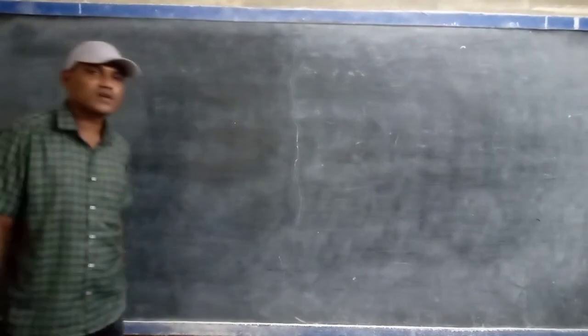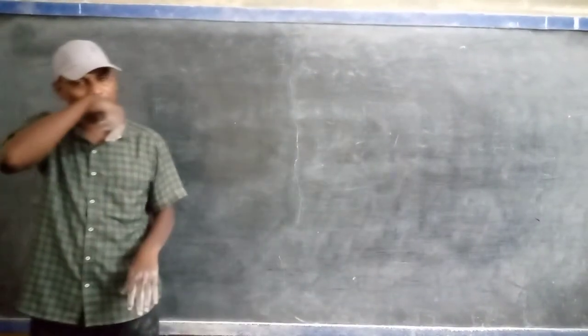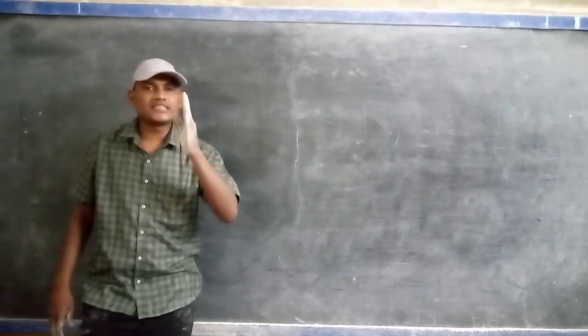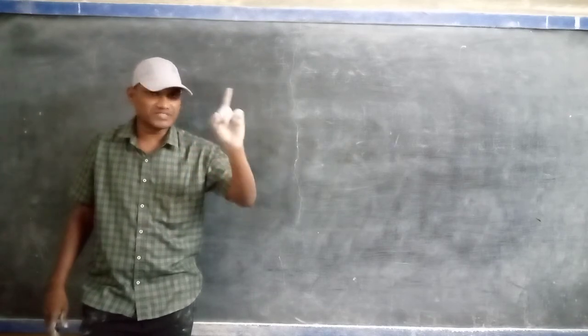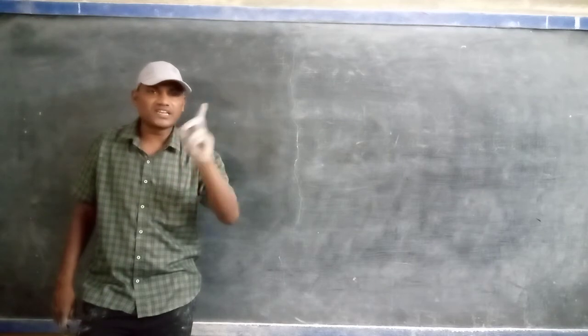Now the chapter concepts are completed in the chapter of human eye and colourful world. In the starting of the chapter, I said the least distance of distinct vision is 25 centimeters for normal vision. Next, angle of vision is 60 degrees.